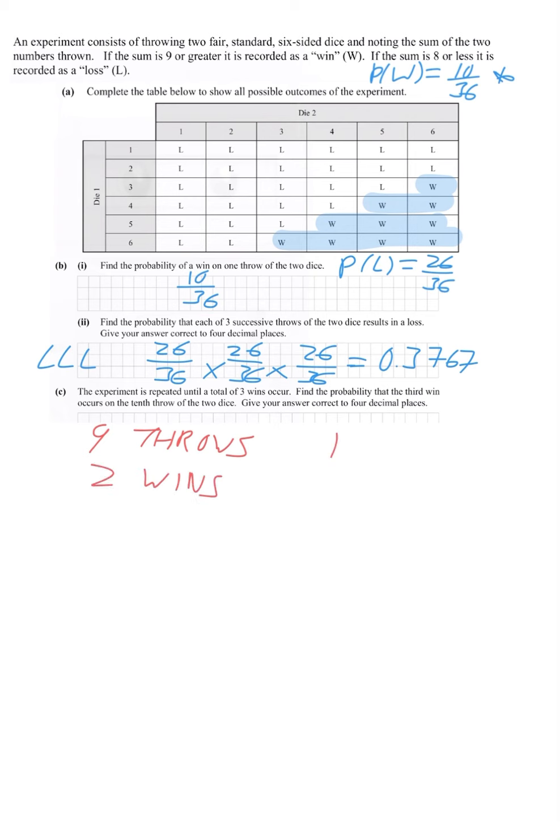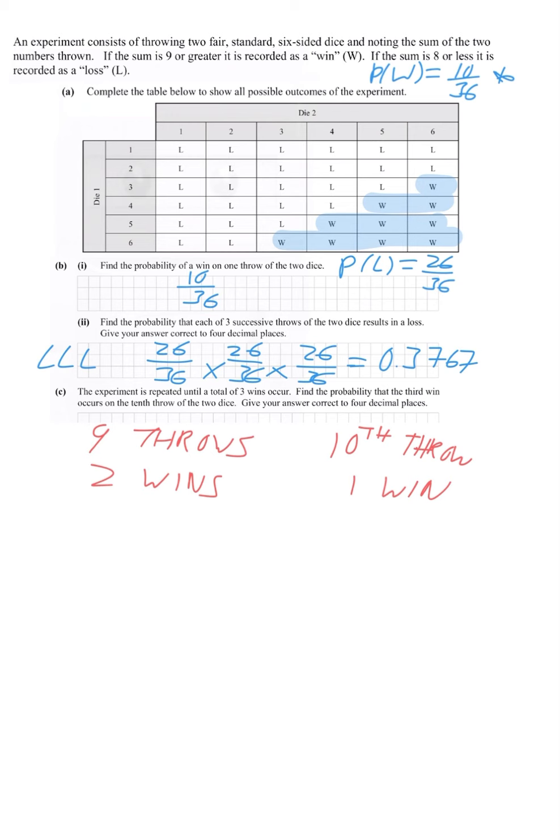And then on the 10th throw, there's 1 win. Okay, because they're asking for the probability that the third win occurs on the 10th throw. So for that to happen, there can only be 2 wins in the first 9 throws.